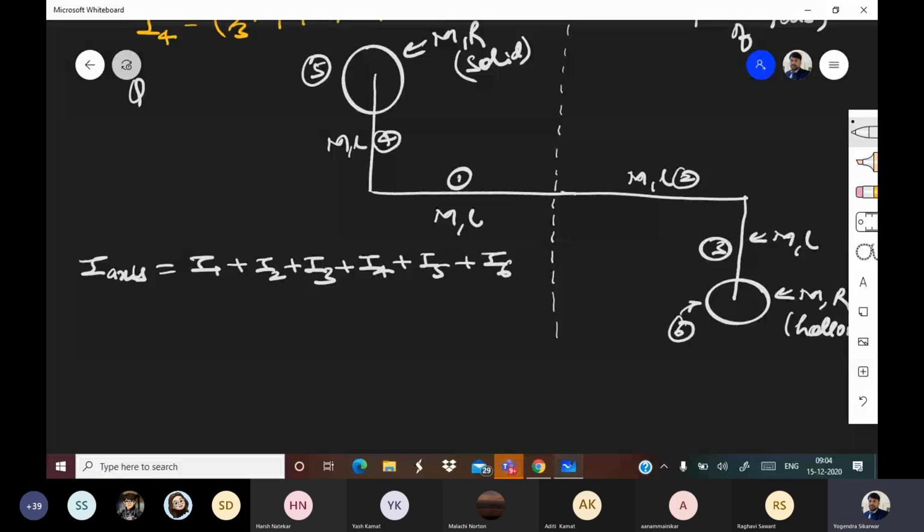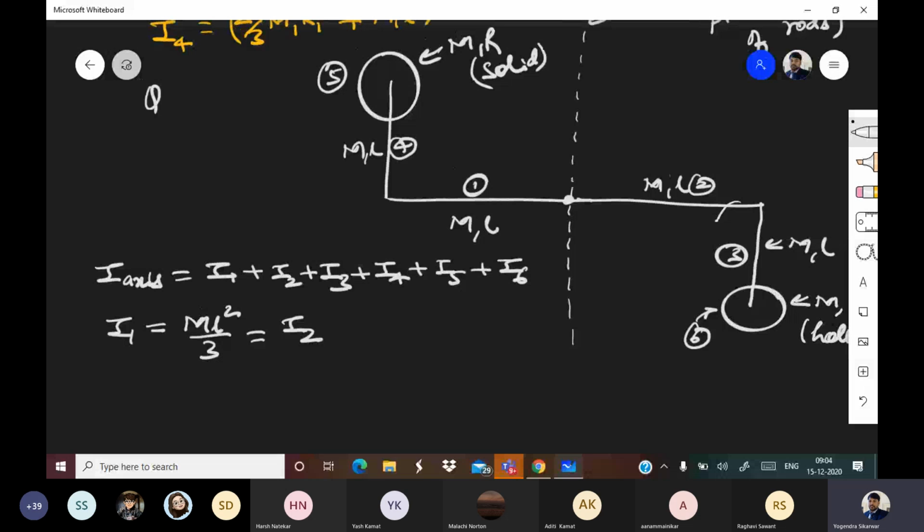How much is I1? I1 means ml square by 3 because moment of inertia of a rod about an axis passing through its end is ml square by 3, and that will be same as I2. So I am not going to write it separately. All right. Now how much is moment of inertia of this rod about the given axis?